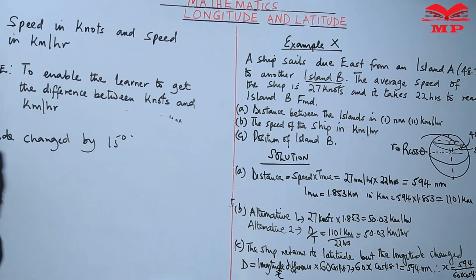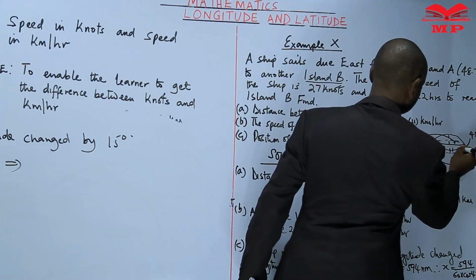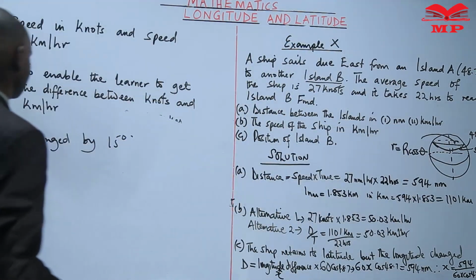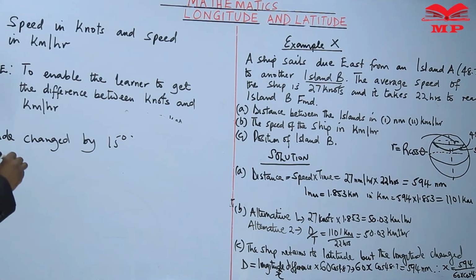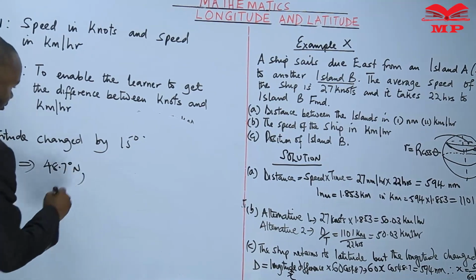We'll come and say the position of B will be, since it has retained the latitude, the latitude remains the same. So it will be 48.7 degrees north.